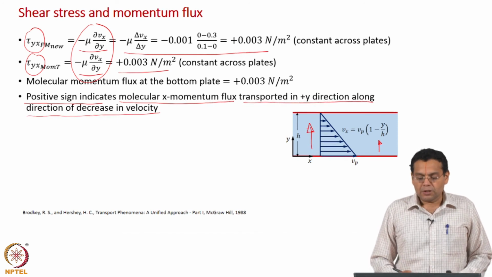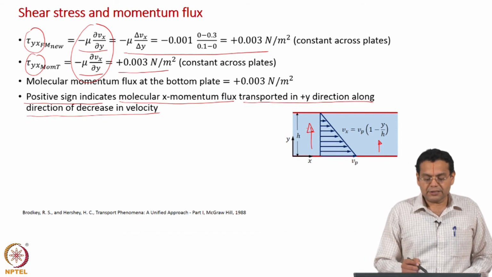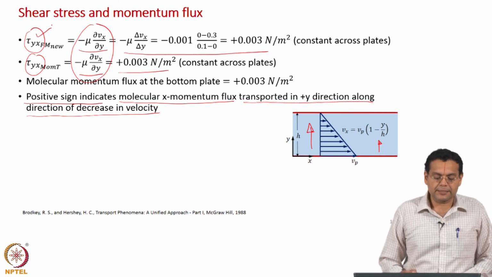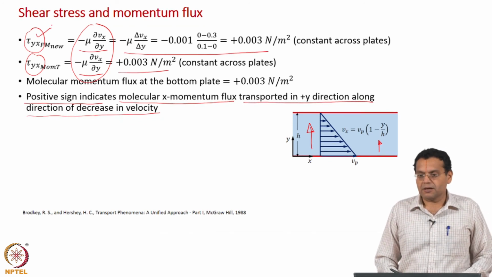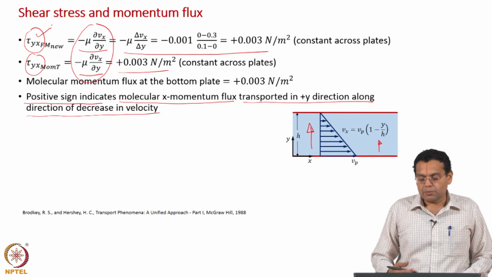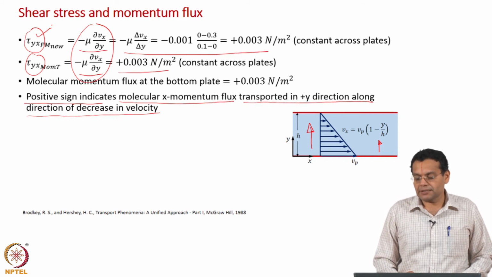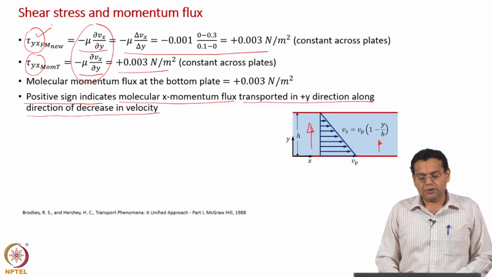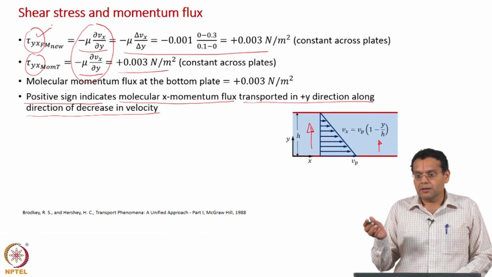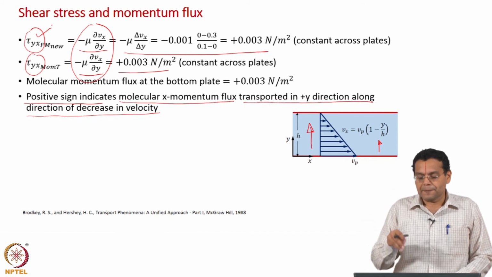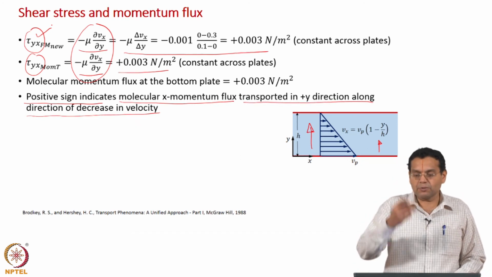Okay. So, now in the first case we interpreted this as shear stress or shear force acting per unit area. In the second case we are interpreting that as molecular x momentum flux transported in the y direction. In the first case it was shear force acting in the x direction on a y plane. In this case it is x momentum flux transported in the y direction.